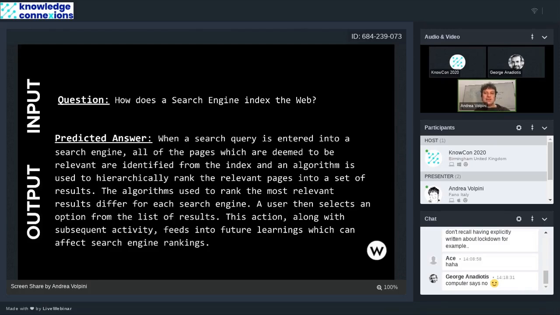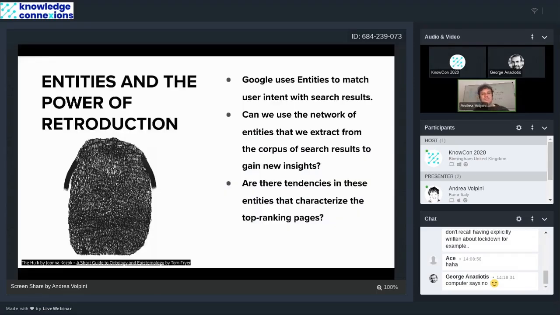Okay, so the way in which the search engine gets the results in the first place is by looking at pages that are more relevant for the user intent, which might or might not correspond with the query, because the user intent might group multiple queries. And so the entities that we can detect from the list of results give us the power to interpret these results.